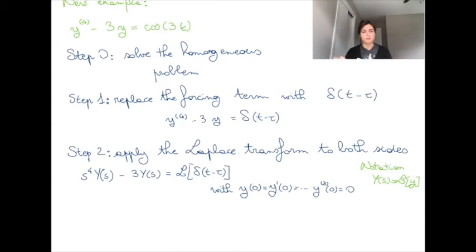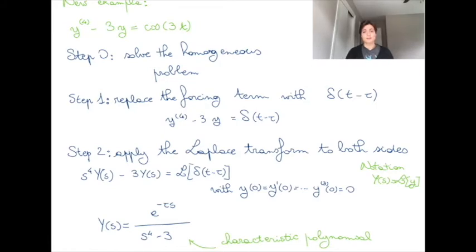So we don't have to keep track of all those terms. We retrieve that the Laplace transform of both sides is s to the fourth capital Y minus 3 capital Y equal to the Laplace transform of the delta function, which is the exponential of minus tau s. So capital Y is equal to a fraction between the Laplace transform of the delta function and the characteristic polynomial.